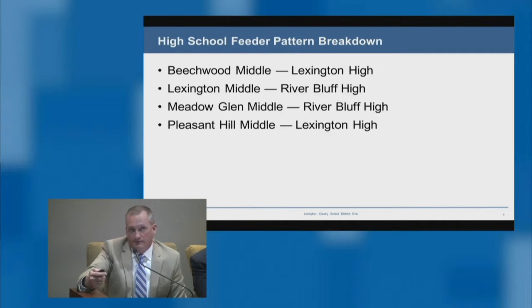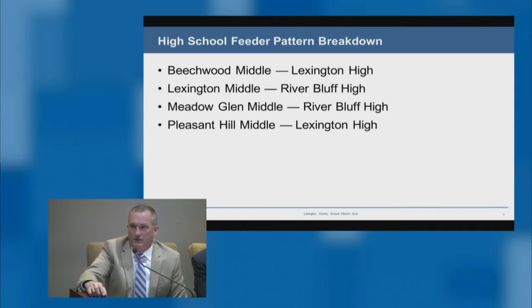We're looking at, I've already talked about the true feeder. This third reading does preserve that feeder pattern. We feel it's very important to look at that at the middle and high school level as students transition. They really start to form bonds with the high school that they're going to go into, whether it be through athletic programs, arts programs, or academic programs.